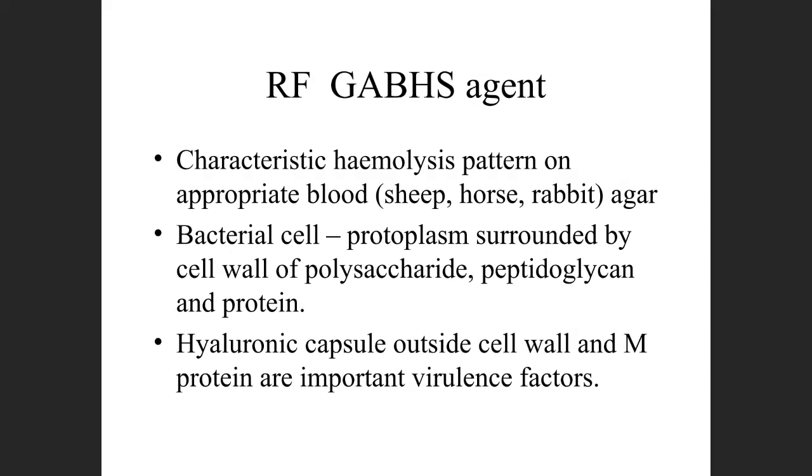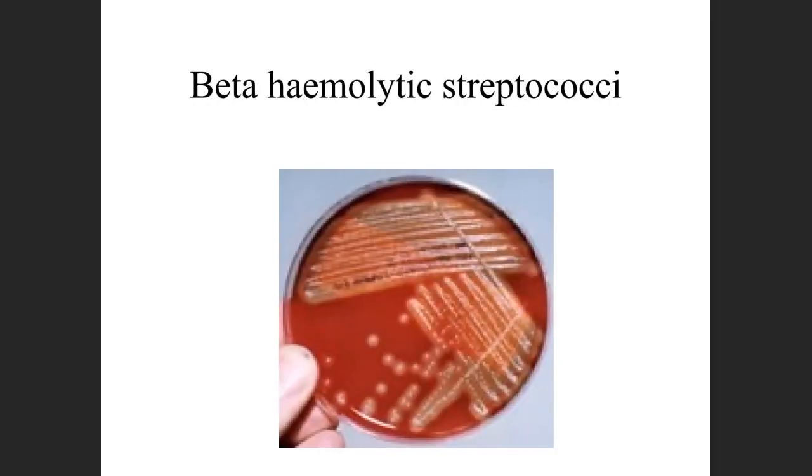The group A beta hemolytic strep have a characteristic hemolysis pattern on appropriate blood agar, which is shown here, with a clear zone of hemolysis around the colonies. Invariably, you're shown this in microbiology.